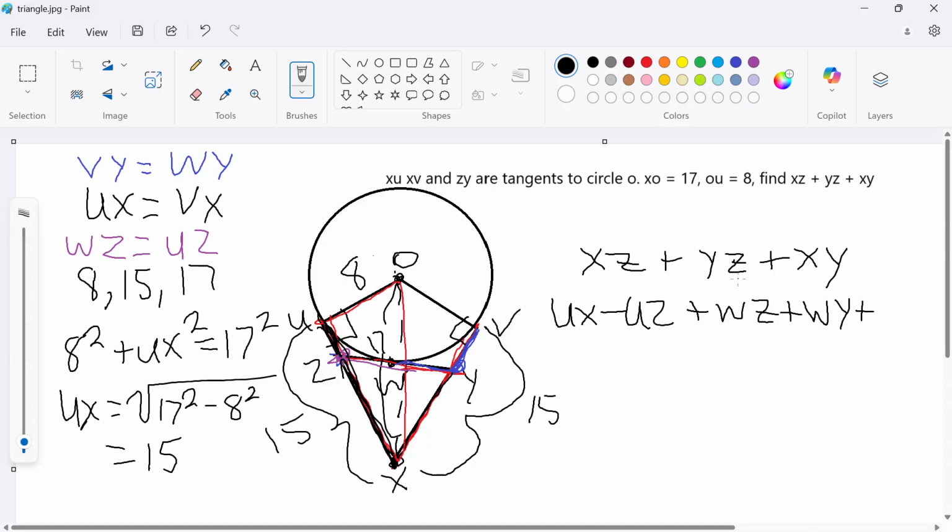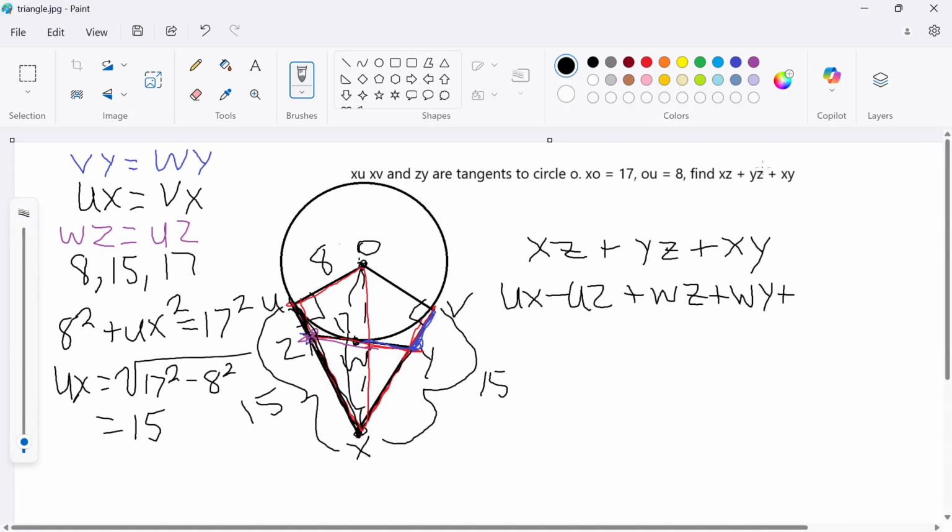Plus, I think I might have to zoom out a little bit to fit all this. XY is VX minus VY. The whole line minus just this part is XY. So that's supposed to be VY there. Let me fix that so it really looks like a Y.